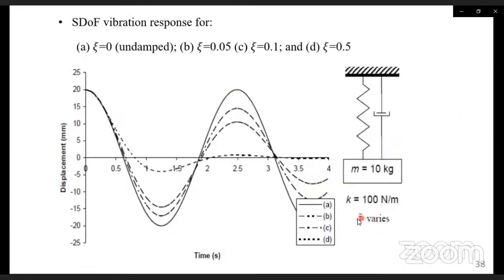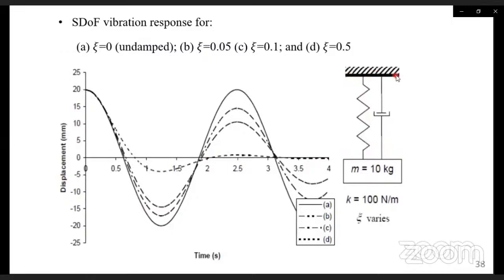As the damping ratio increases, you can see from B, C, D, D is the short continuous dashes. If the damping ratio keeps increasing, say to 0.5, our motion will die out quickly. So we are showing the effect of the different damping ratios on our motion.